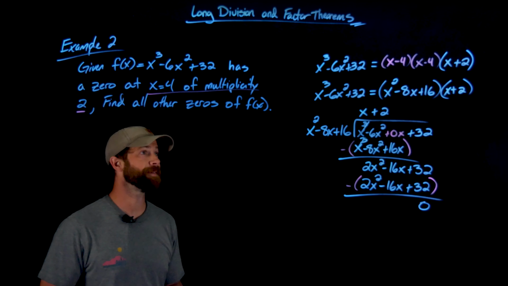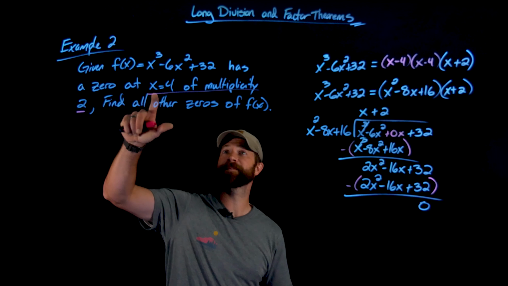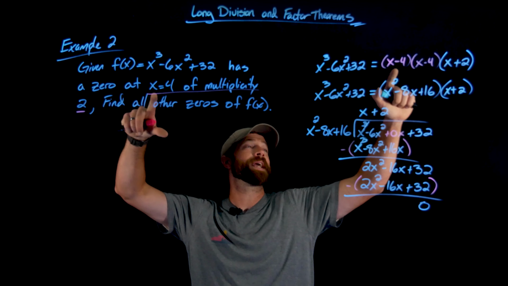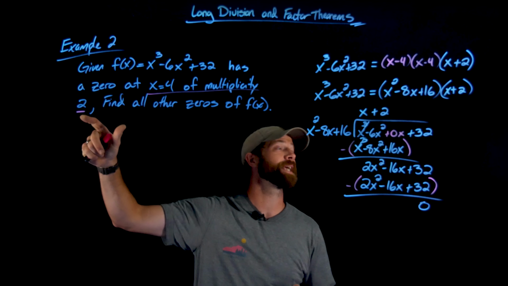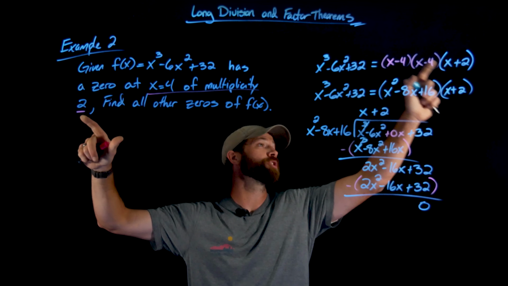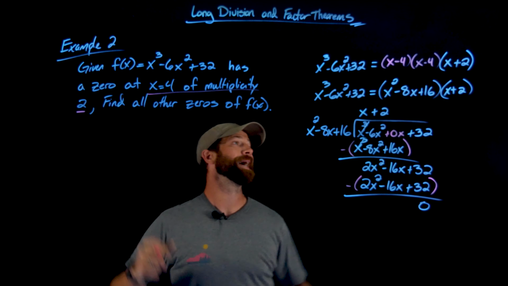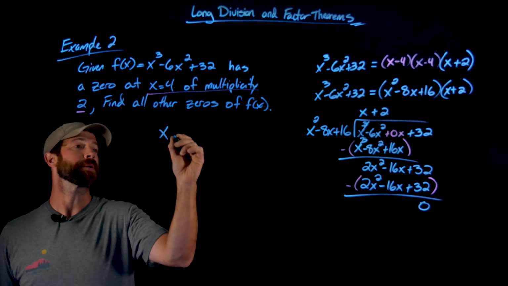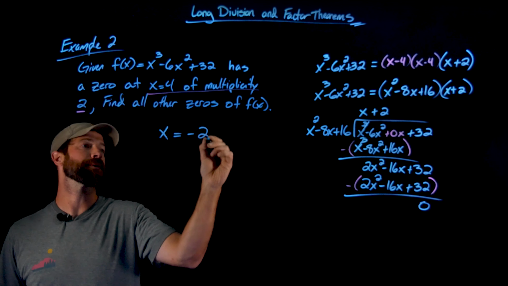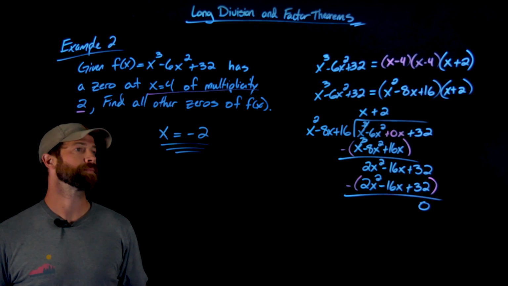Again, we've used the factor theorem to take this information, knowing that we have this as a factor twice because of the multiplicity statement. We now have this cubic completely factored, and we've identified the other 0 of multiplicity 1 at x equals negative 2.